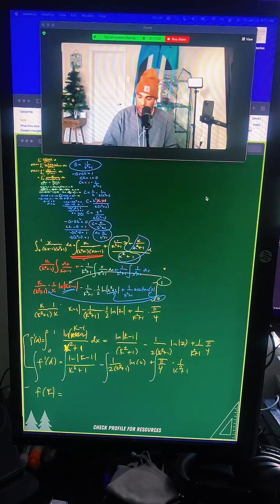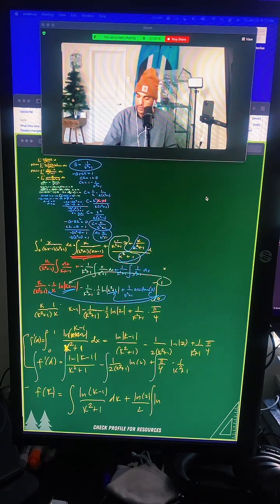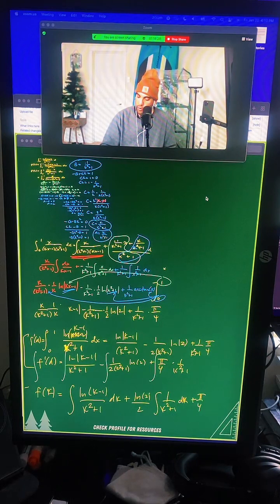F of k is equal to the integral of natural log of k minus 1 over k squared plus 1, which I think is almost the same integral, plus natural log of 2 over 2 times the integral of 1 over k squared plus 1 dk, and then plus pi over 4 times the integral of 1 over k squared plus 1 dk.